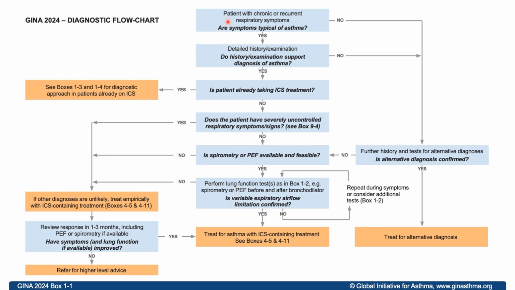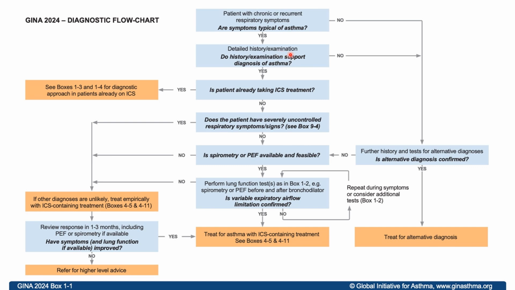So we already said that in this academy, we normally start with history in terms of diagnosis and treatment. So as your patient comes to your clinic or your hospital with chronic and recurrent respiratory symptoms, are these symptoms typical of asthma, in terms of chest tightness, shortness of breath, dry cough, among other symptoms? Yes. Then you take a detailed history.